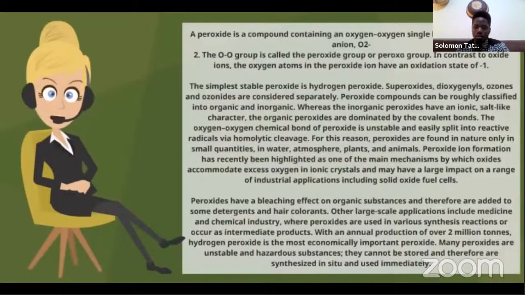Other large-scale applications include medicine and chemical industry, where peroxides are used in various synthesis reactions or occur as intermediate products. With an annual production of over 2 million tons, hydrogen peroxide is the most economically important peroxide. Many peroxides are unstable and hazardous substances. They cannot be stored and therefore are synthesized in situ and used immediately.